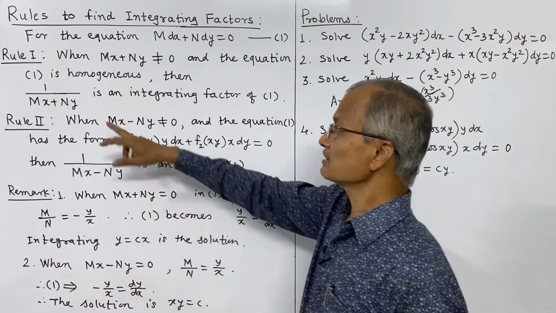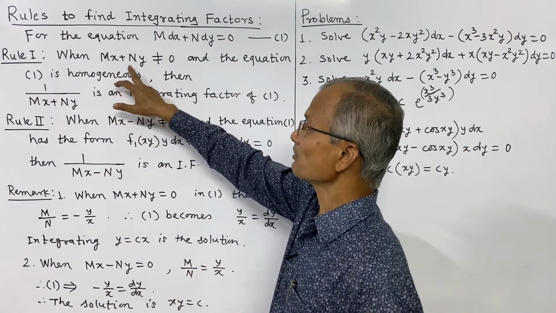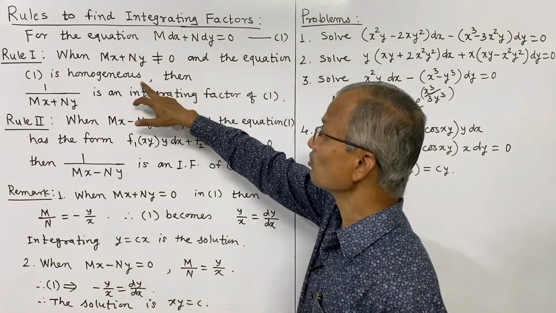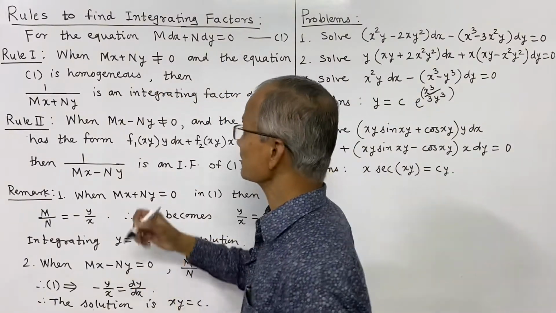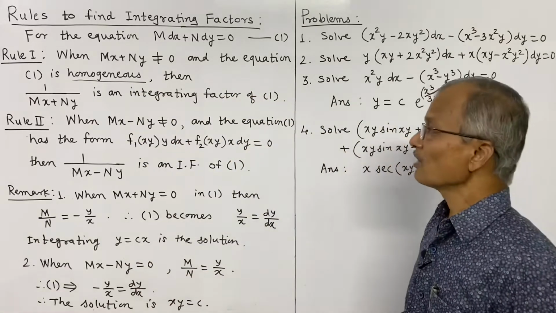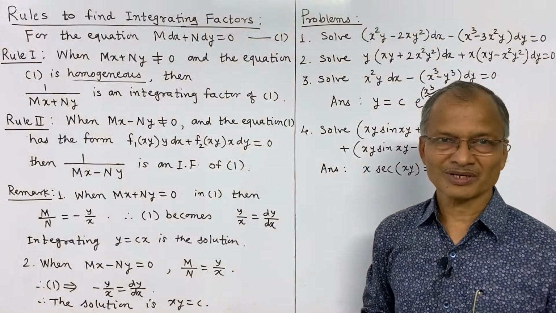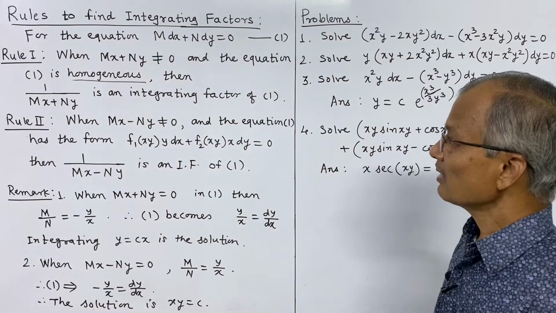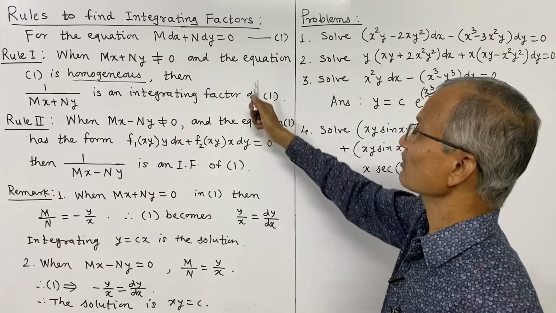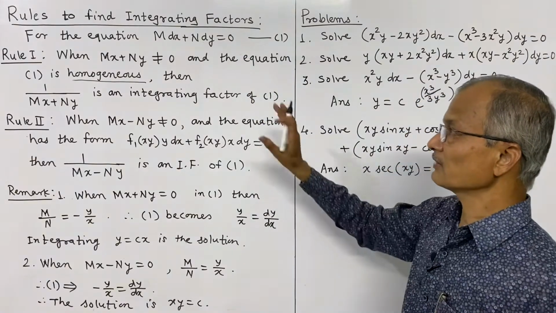The first rule says that when Mx plus Ny is not 0 and the equation 1 is homogeneous, this is also a necessary condition, homogeneous equations we have studied earlier, then 1 upon Mx plus Ny is an integrating factor of this equation.